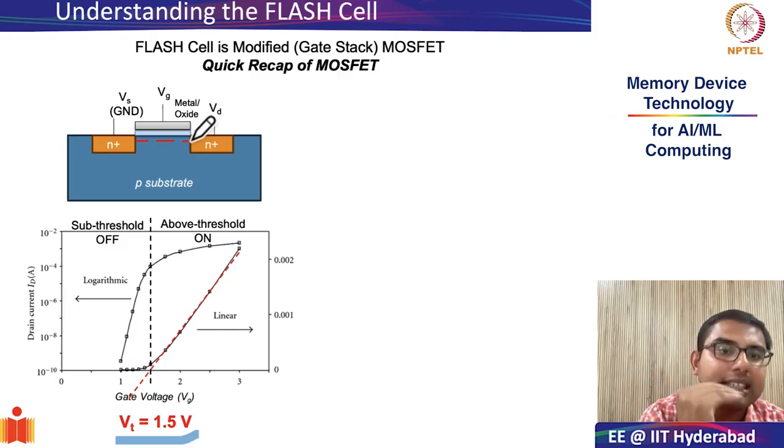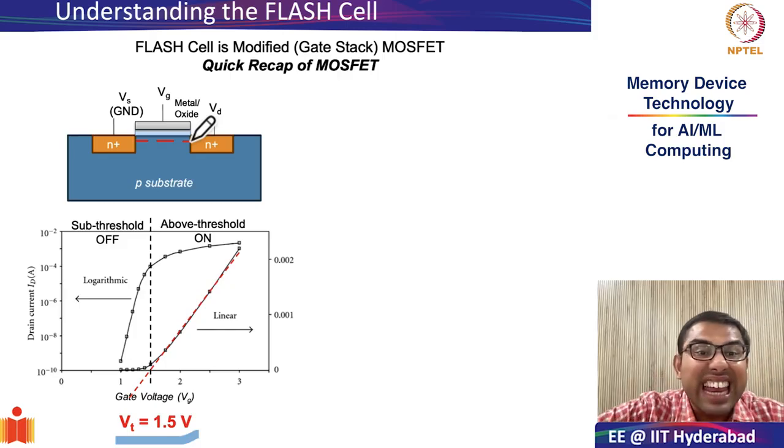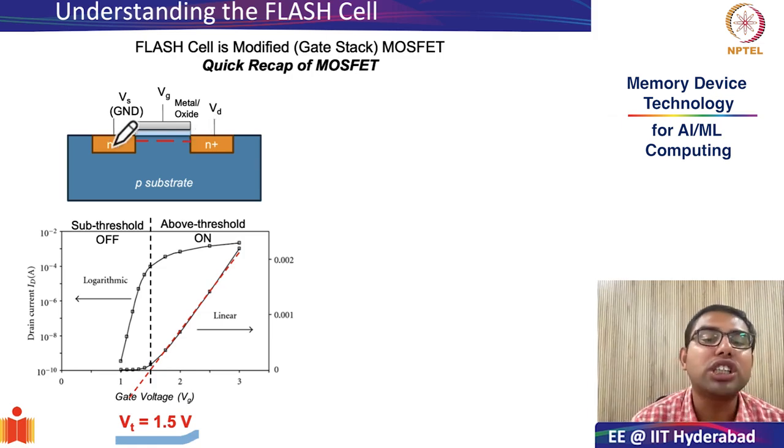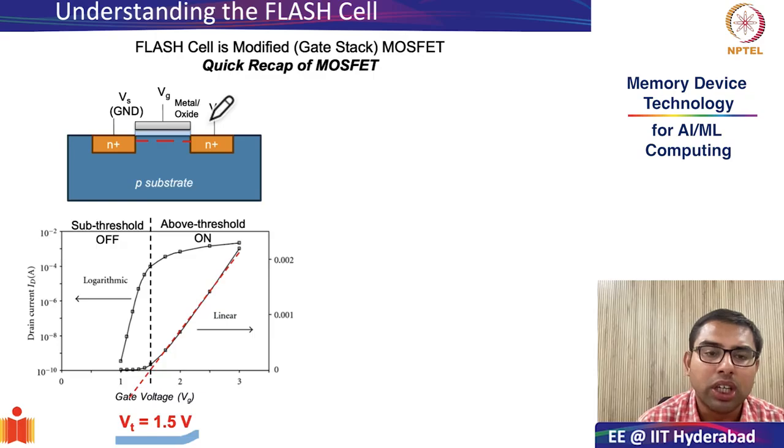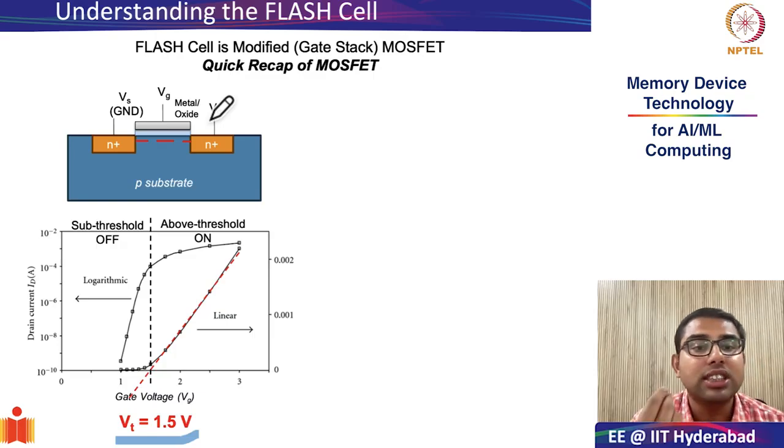Why is it called an inversion charge? Because this inversion charge consists of electrons which join these heavily doped N plus regions. It is called inversion charge because the original substrate is p-type, so only at the interface, at the surface, an inversion of charge is happening.